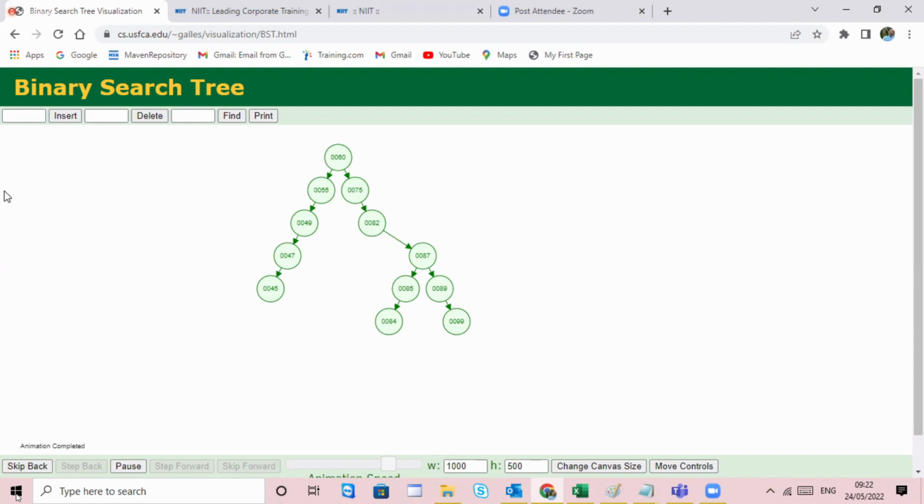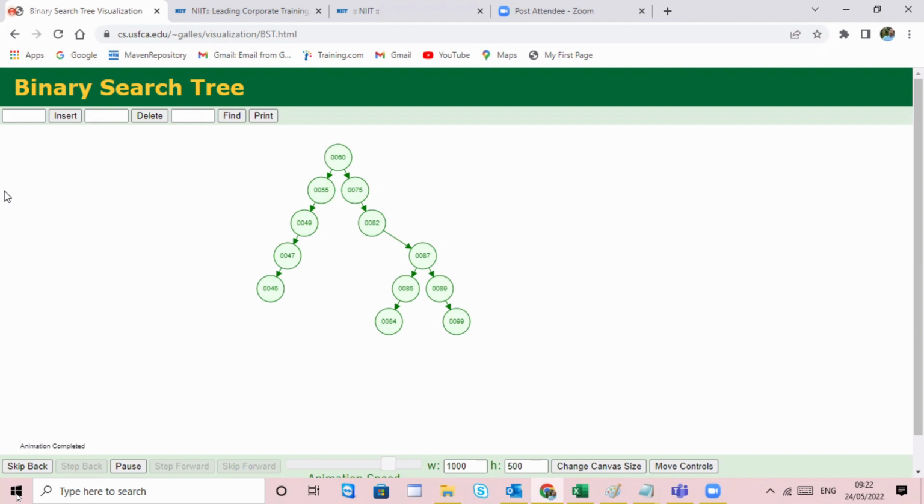Is there any confusion? Please ask me. Or you can tell me, suppose I am going to insert 52 in this list, where should it be placed? Number one, who will be its parent? And whatever the parent node may be, in which pointer, left or right, will it be placed?